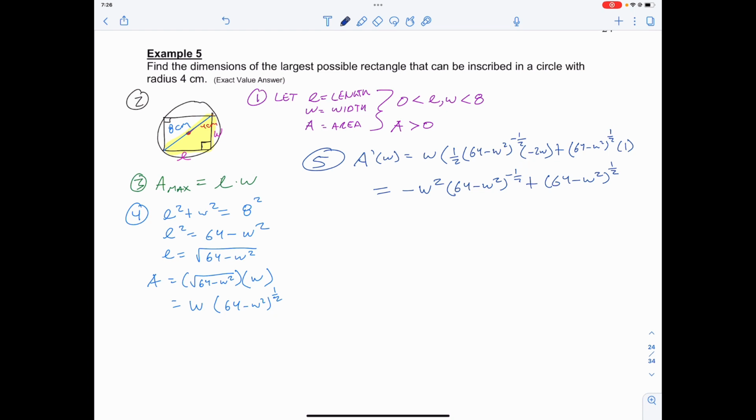Now I'm going to factor out that negative exponent, 64 minus W squared to the negative 1/2. And that's going to leave me with negative W squared and then plus 64 minus W squared to the power of 1.